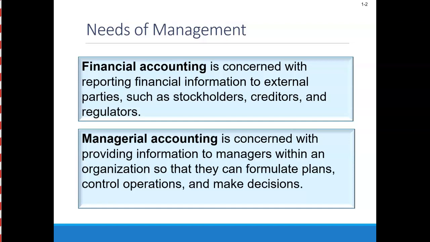In this classroom, we are going to provide information to the managers within an organization so they have a way of making their processes smoother, cheaper, easier, whatever that is. As it says here, formulate plans, control operations, and ultimately make good decisions.